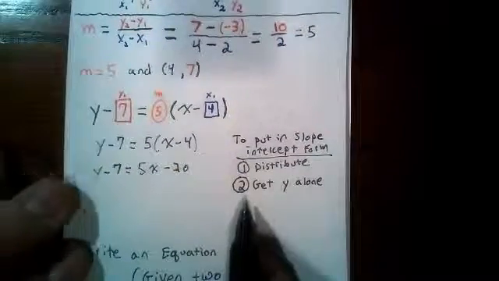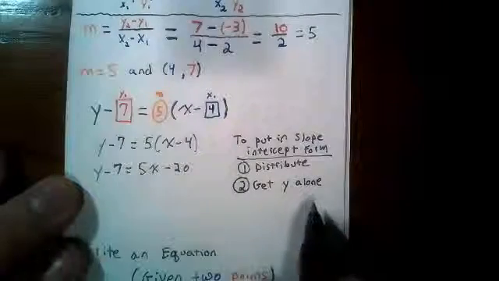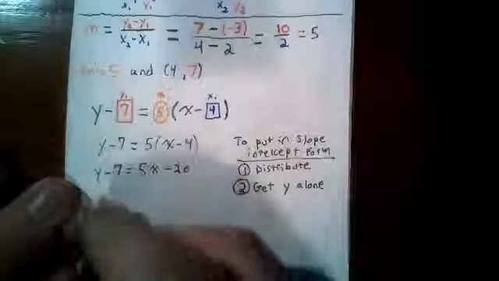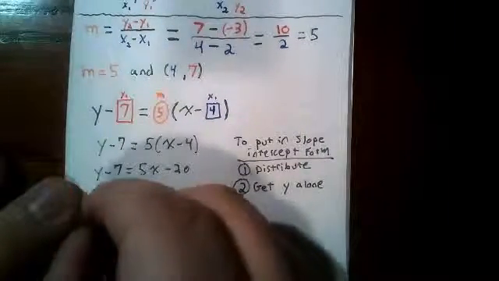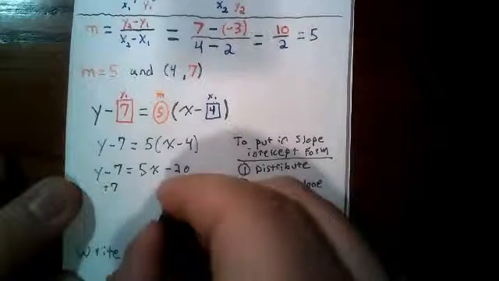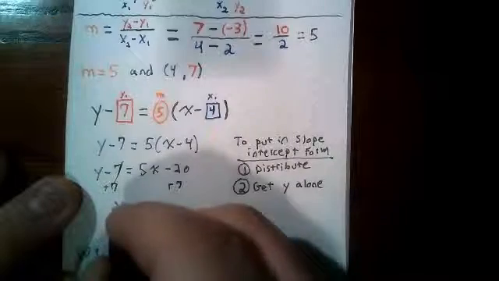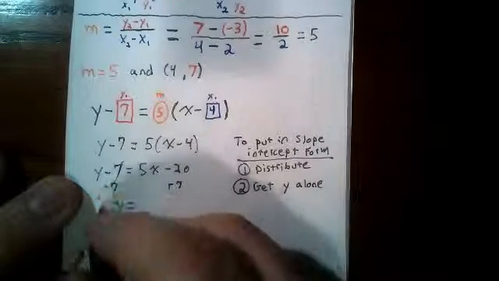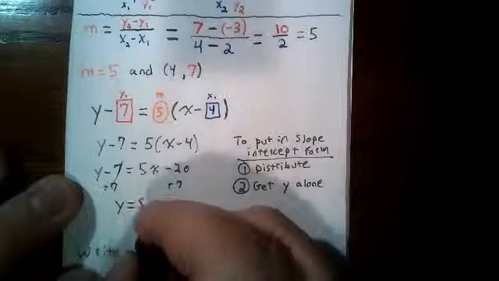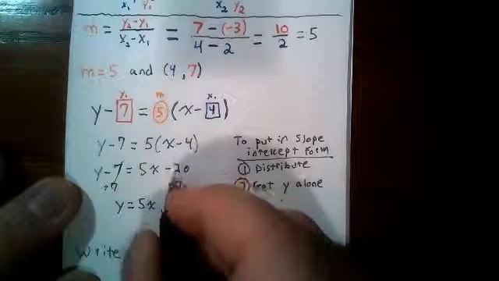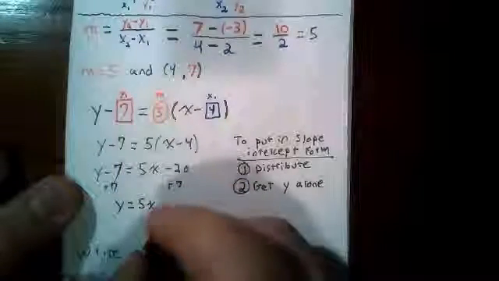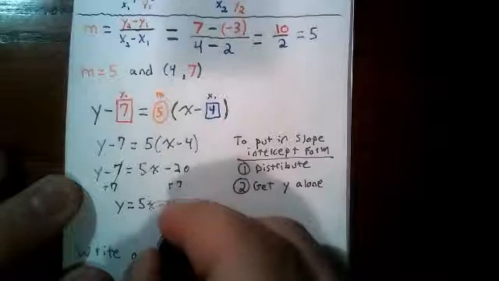And my second step is to get the y alone. Well, getting the y alone, really that just consists of adding 7 to both sides. Those cancel. Leaves me with y equals 5x, negative 20 plus 7 is negative 13.